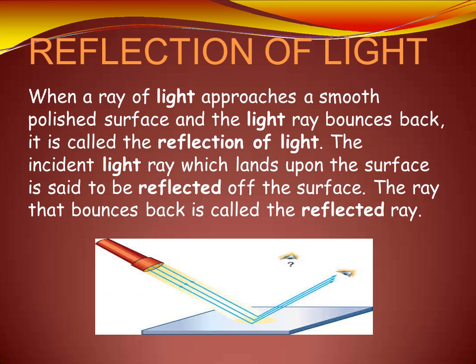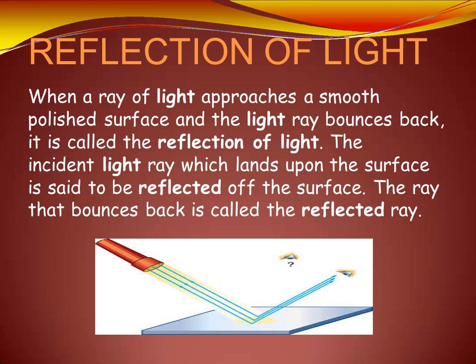Now let's move towards reflection of light. What do you mean by reflection of light? When a ray of light approaches a smooth polished surface and bounces back, it is called reflection of light. It is by reflection of light only that we can see objects.